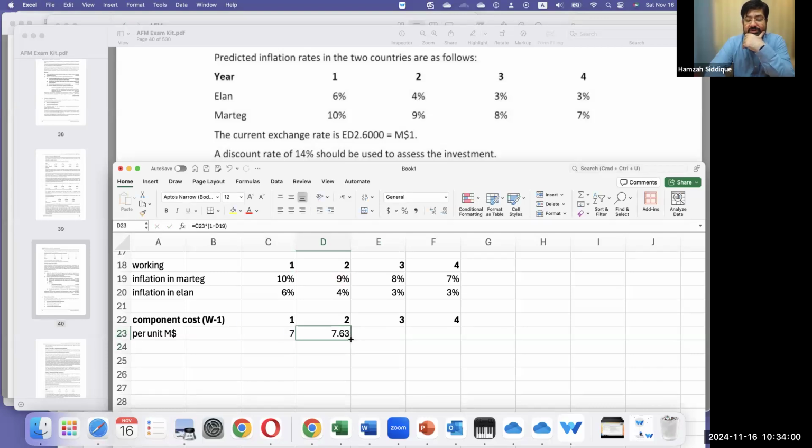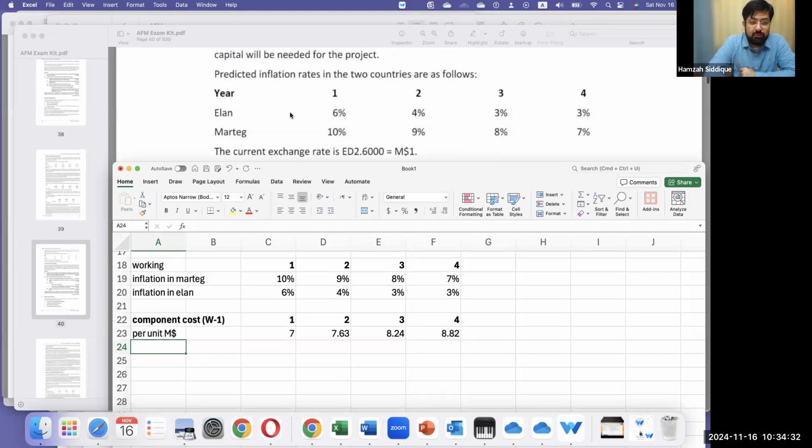Now you will see the magic. Yes, simple is that. Because the formula is applied. Inflation. Now, per unit. That's why I wrote these inflation rates here. Okay, it helps. It eases our calculation.